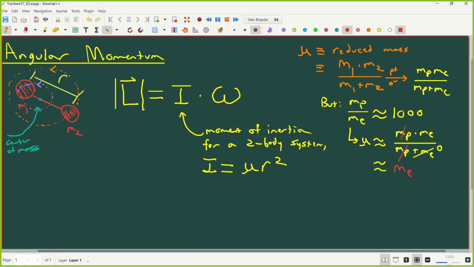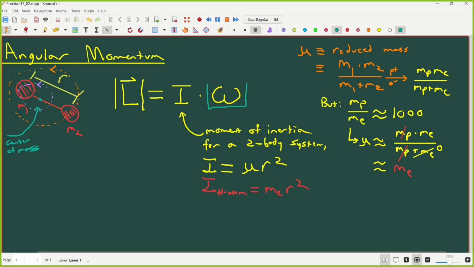Okay. And then we have one more term. So the moment of inertia for the hydrogen atom, therefore, is M_E r squared. Okay, and then we also have the angular frequency, which is this omega. This is the angular version of velocity.